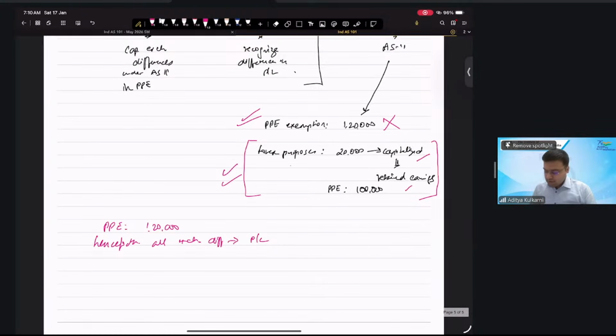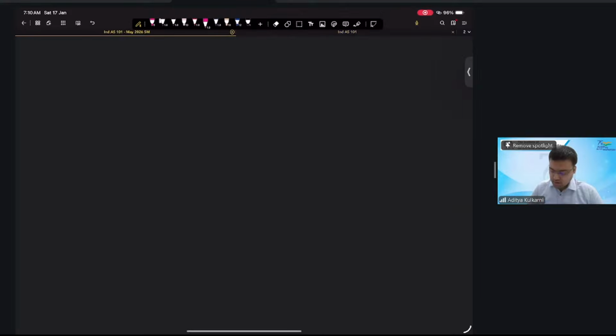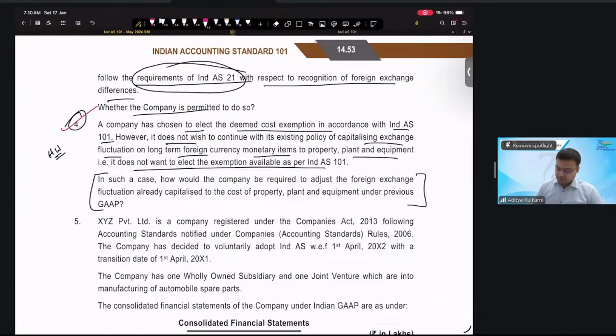You will not do this transition adjustment because that has to comply with fixed asset exemption requirements. So I will bring the PPE at 1,20,000, but henceforth my exchange differences, whatever is there on the long-term currency item, will move to the P&L without capitalizing it. Are we okay with this? Yes. So that takes care of this question.